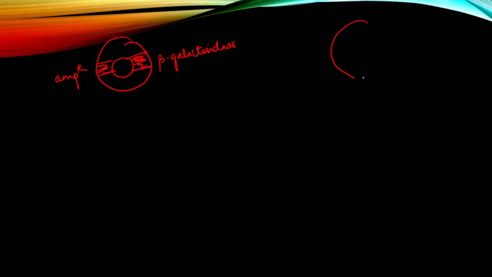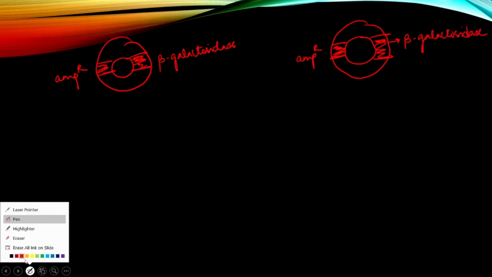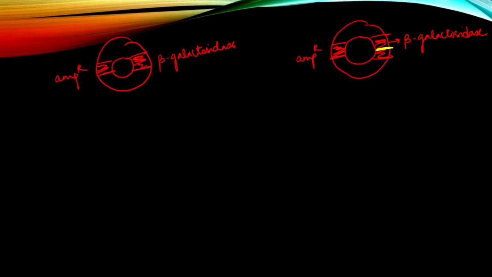Let me draw this here. Say this is a plasmid with beta galactosidase and this is ampicillin resistance. This is again a plasmid after modification. This is beta galactosidase, this is ampicillin R. Now let me introduce the new gene here.